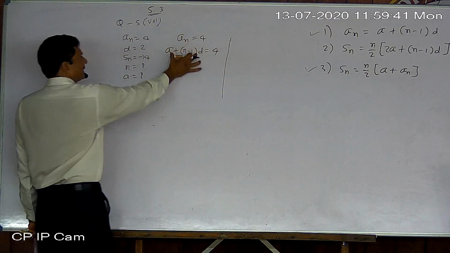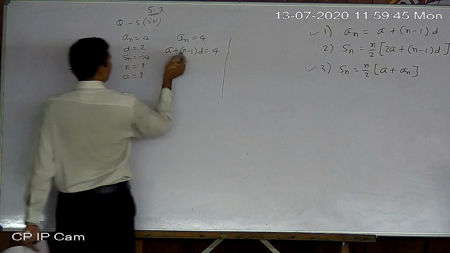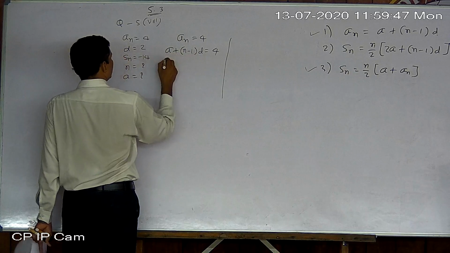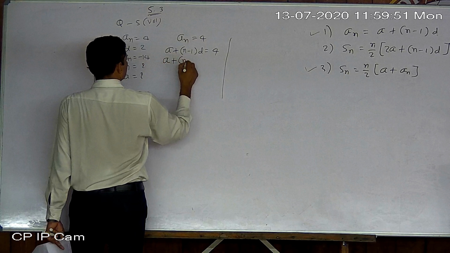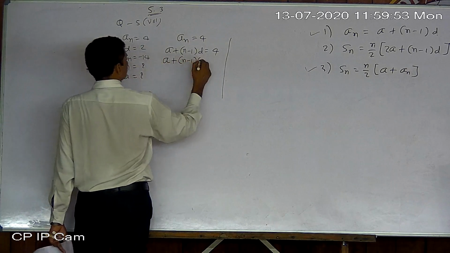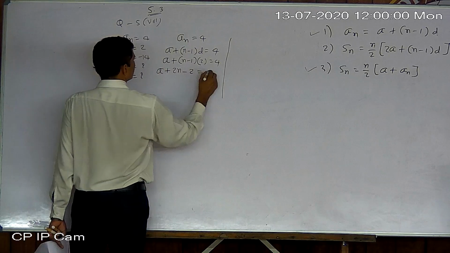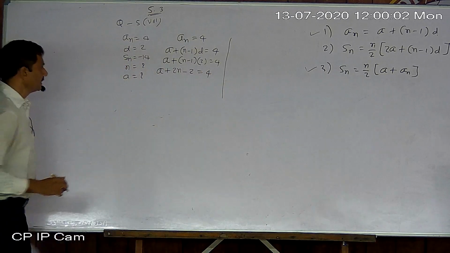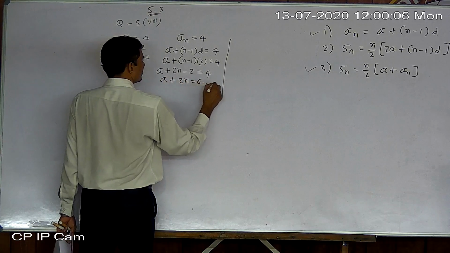In place of a_n I place its formula. Now we have this d. So write down a plus n minus 1 d, d is 2 here, equal to 4. So a plus 2n equal to 6. So we got one equation.